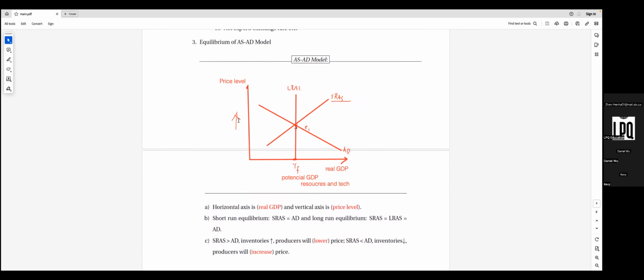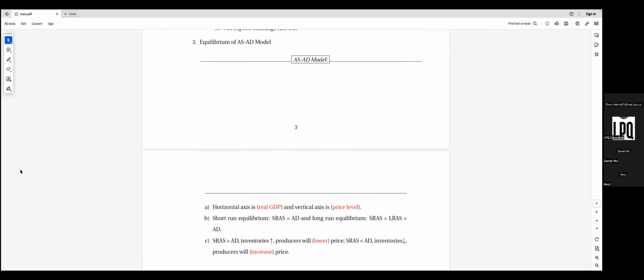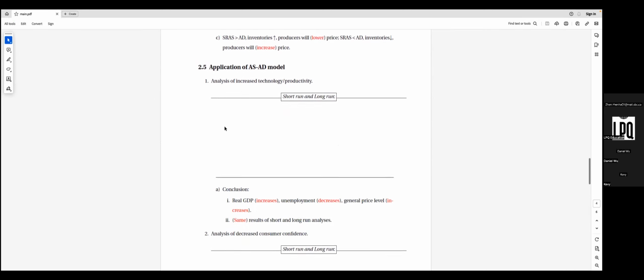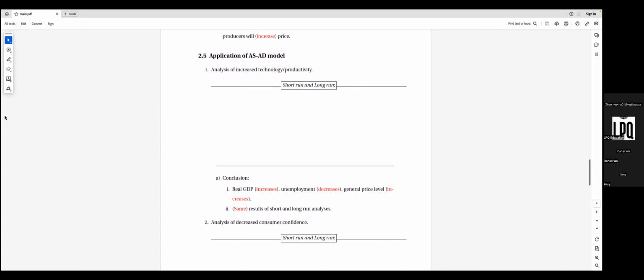And once we build this model, now we can use it to figure out what kind of factors can increase the GDP or lower the GDP. So let's do our first example here.